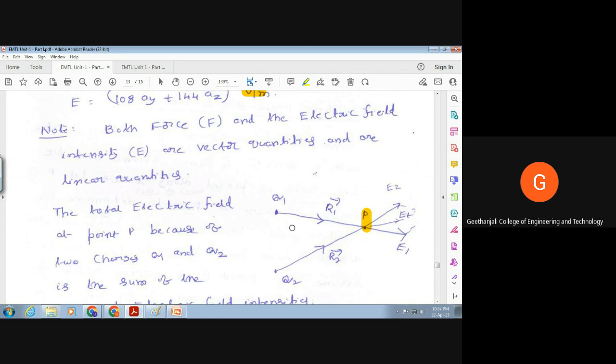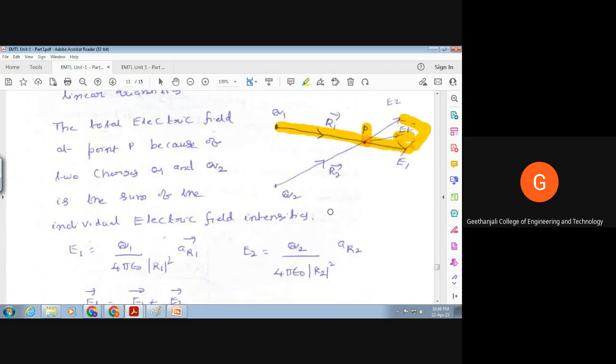Find the electric field intensity at point P, call this E1 because of the charge Q1. What is that E1? Q1 by 4 pi epsilon naught R1 square AR1. Similarly, find the electric field intensity at point P because of the charge Q2, let that be E2. And what is the total electric field intensity? E1 plus E2. So you get the total electric field intensity.